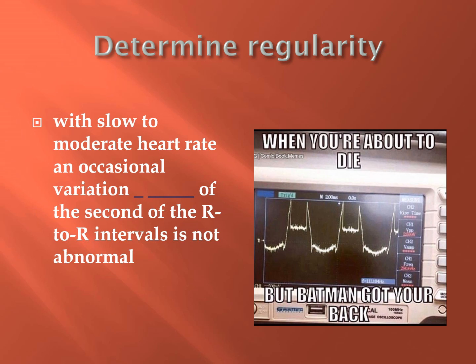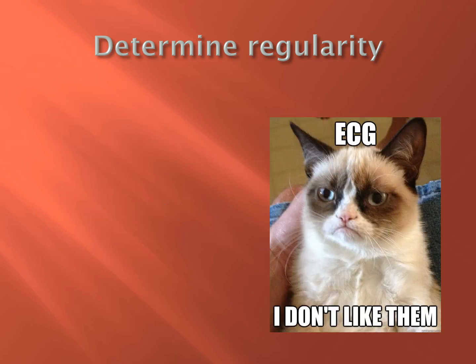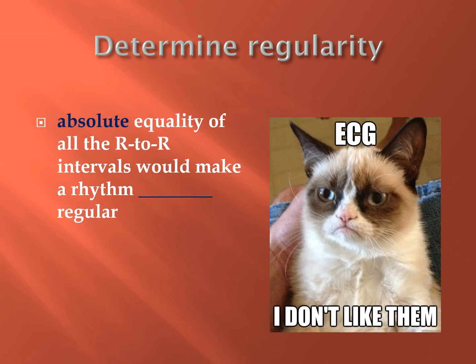That's just a normal variation. It's not considered irregular yet. Absolute equality of all R to R intervals would make the rhythm absolutely regular. You count 5 boxes between this one, 5 boxes between this one, 5 boxes between that one. They're all the same, so they would be absolutely regular.